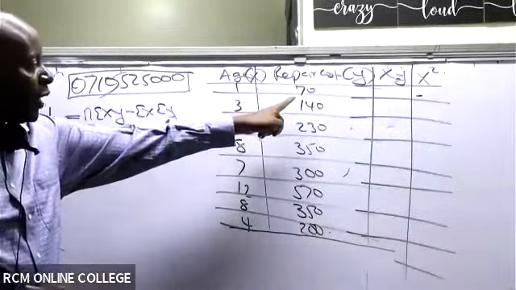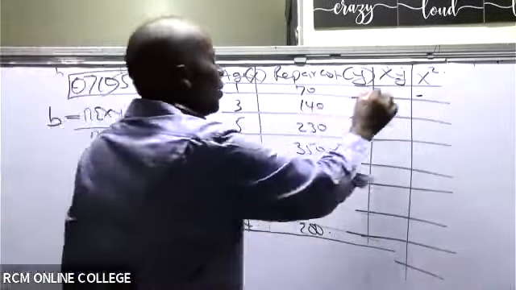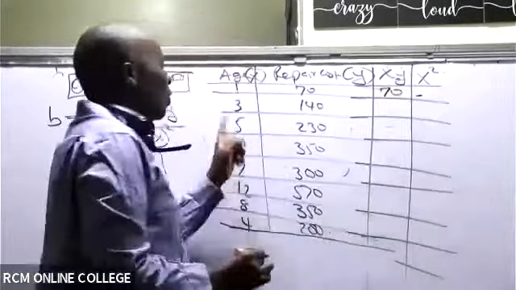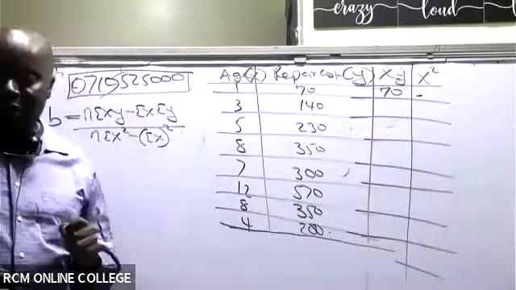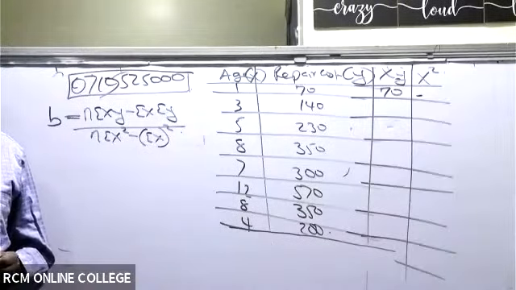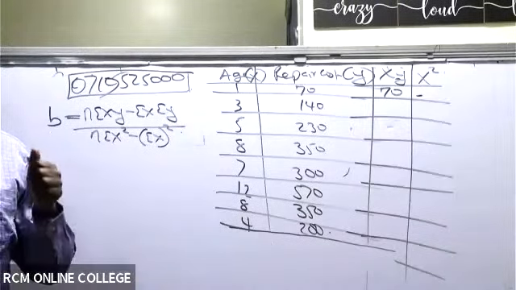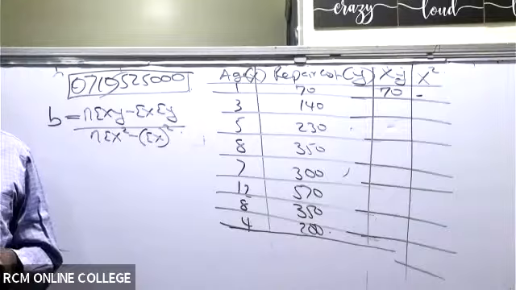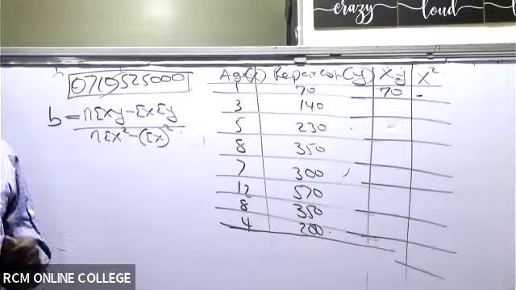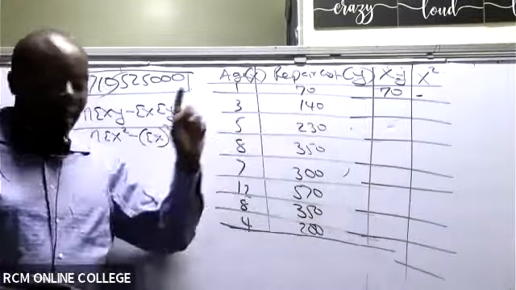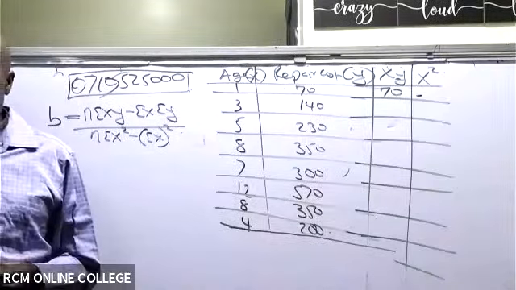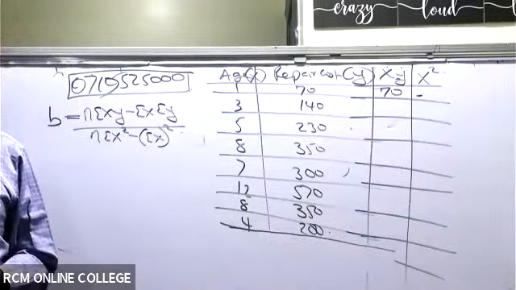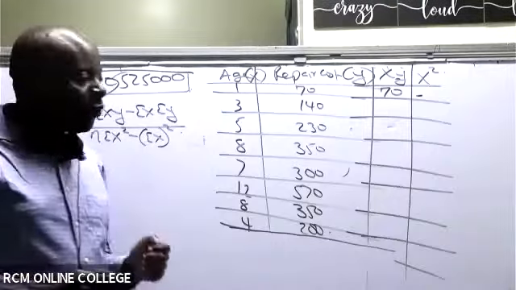So 1 times 70 gives me 70. How about 3 times 140? Can somebody give me 3 times 140? You guys must give me these values. So that gives me what figure? Chitechi Laura, 420.